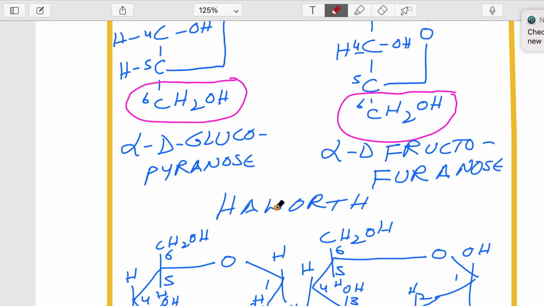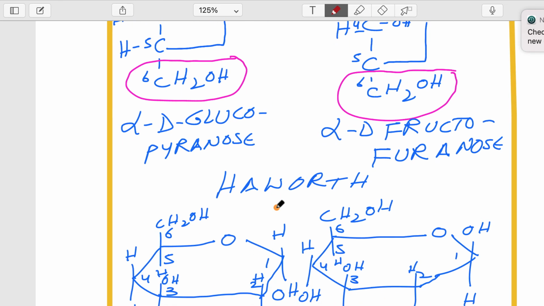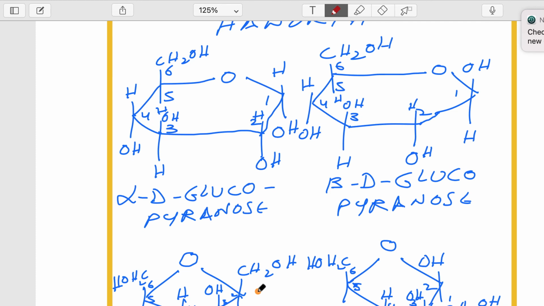Then they attain the Haworth projections. In the cyclic structure it is represented either in boat or chair form. Let us see how the terminology is given. If the OH is below the plane, that is alpha D glucopyranose. If OH is above the plane, that is beta D glucopyranose.